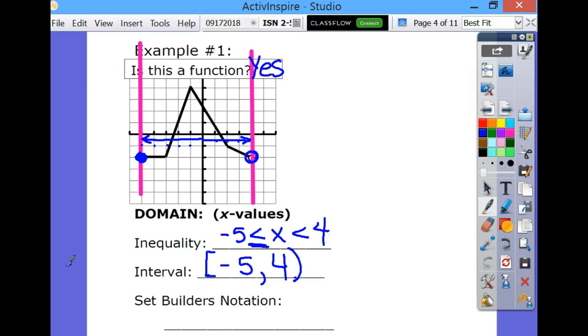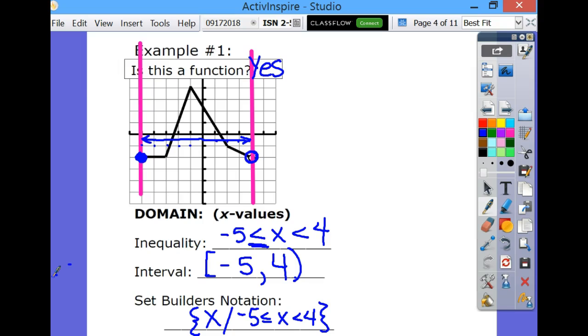Next, set builder notation. I am going to copy down exactly my inequality notation, and in order to be set builder notation, it needs to have brackets around it, and the x bar, the bar stands for the words such that, out in front.